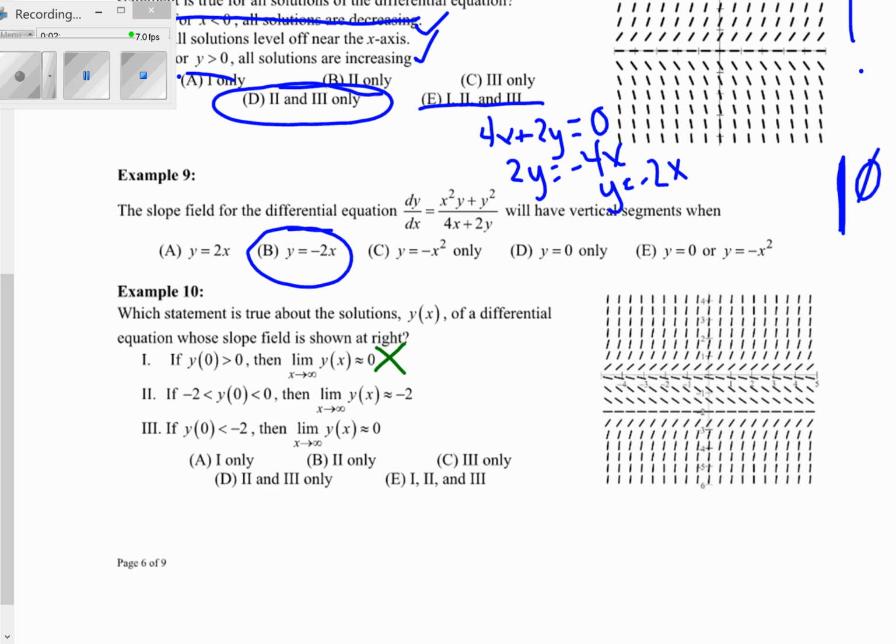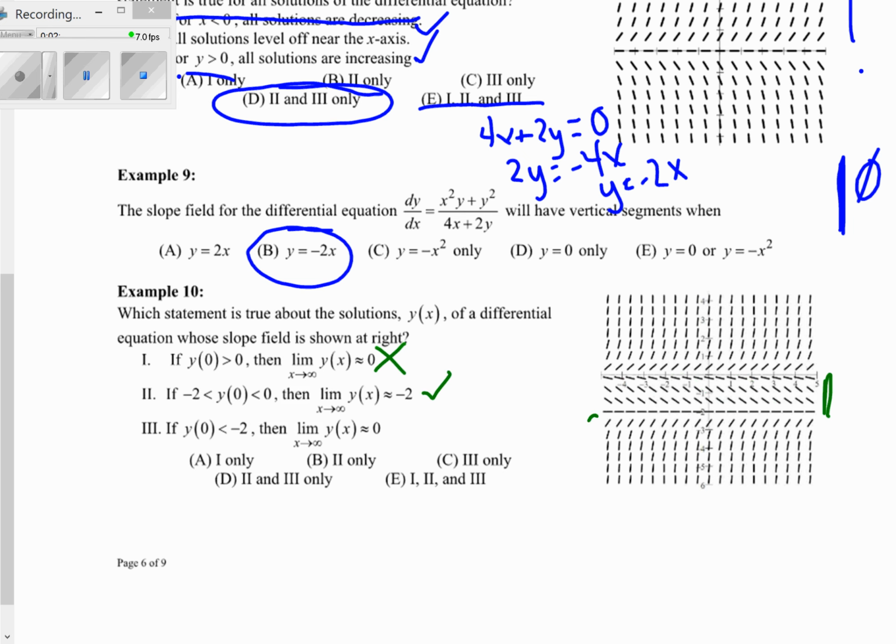So that's not true. If our y value is between negative 2 and 0, so we're talking about this portion, then the limit as x approaches infinity is negative 2. And all of these seem to have the graph approaching negative 2, no matter where you draw that. All right, so that one would be true.